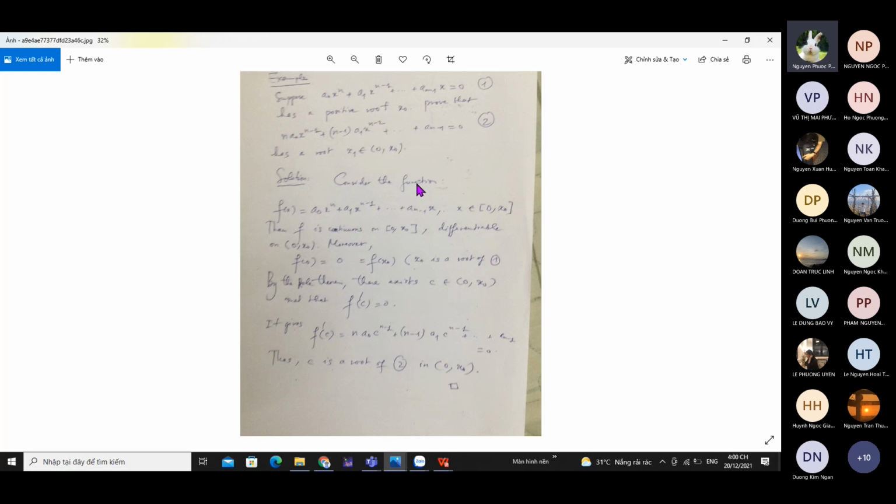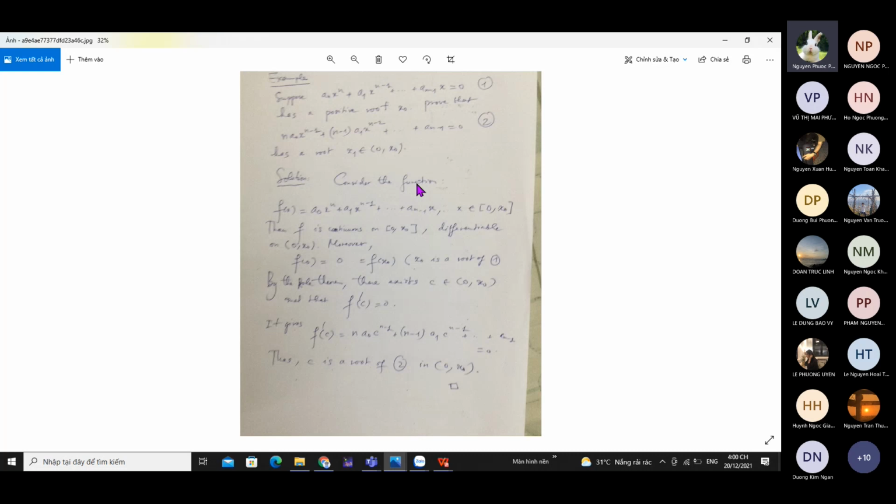And we assume that equation 1 has a positive root x0. X0 here is a positive number, and x0 satisfies equation 1.